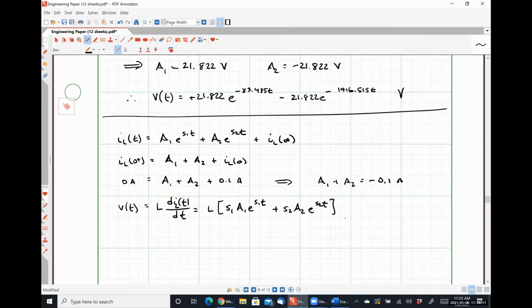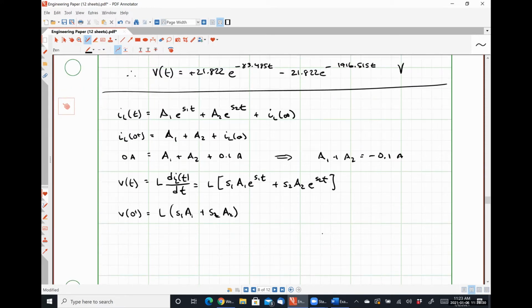And S1 and S2 are the same for everything in the circuit, so we don't need to recalculate those. So from this, V at 0 plus gives us L times S1 A1 plus S2 A2. V at 0 plus was 0 volts, so we have 0 volts equal to L, which doesn't matter because we can divide both sides by L to get rid of it.